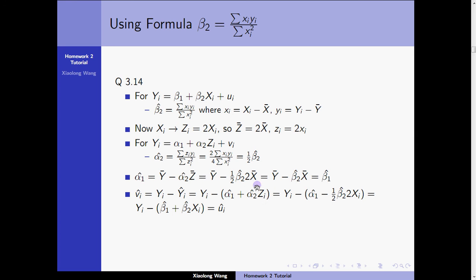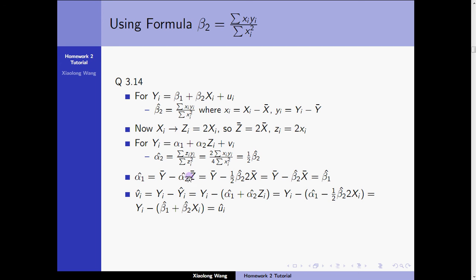Again, if we substitute alpha 2 hat with 1/2 of beta 2 hat and zi with 2xi, then we get the residual vi hat equals yi minus beta 1 hat plus beta 2 hat times xi. And this is exactly the original residual.